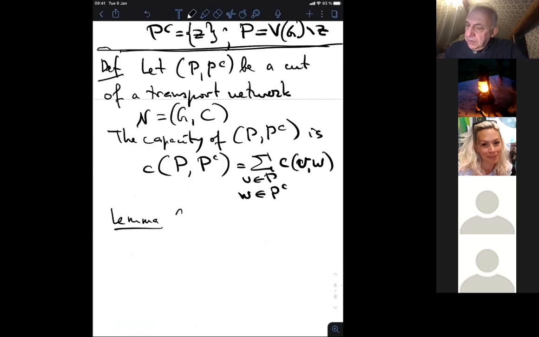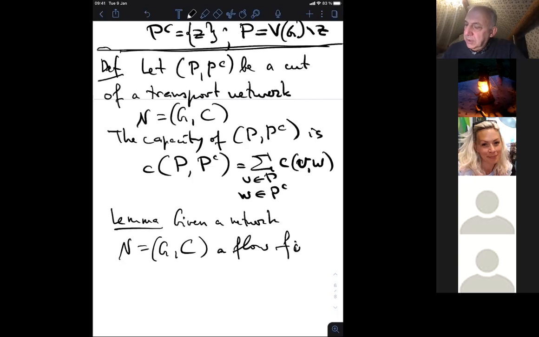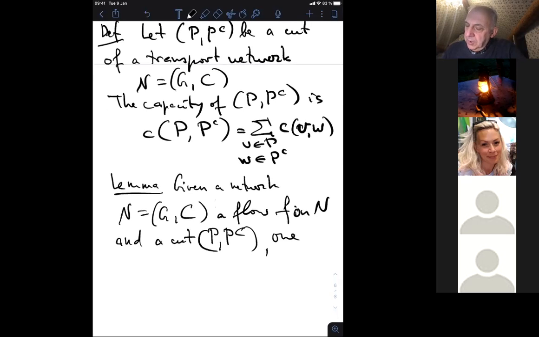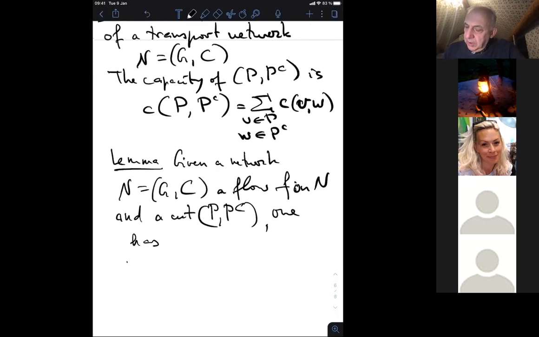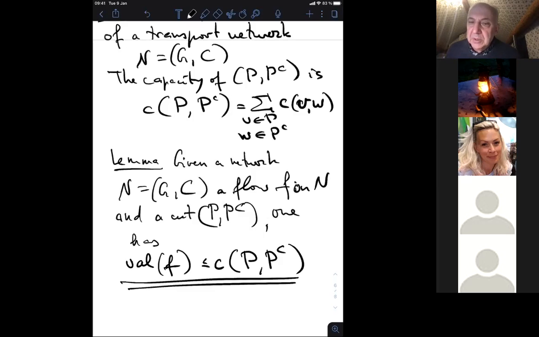Given a network N, which is G, C, a flow F on N, and the cut P, P complement, one has the following inequality: the value of the flow is smaller or equal than the capacity of the cut, for any flow and any cut.